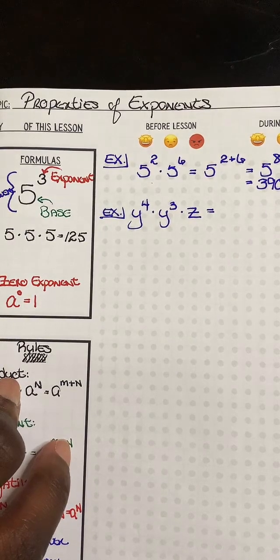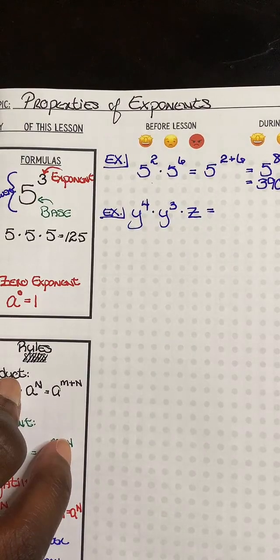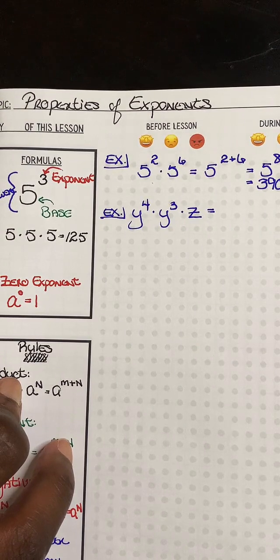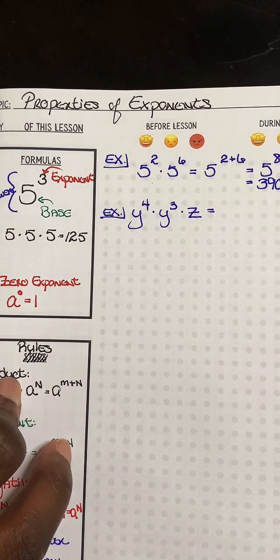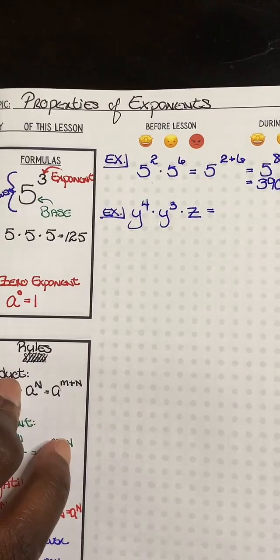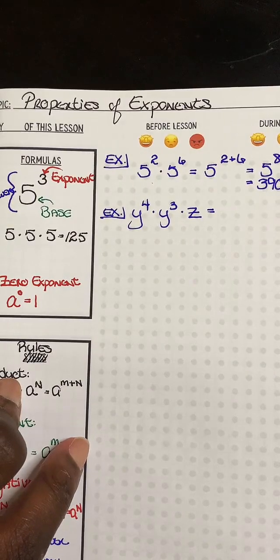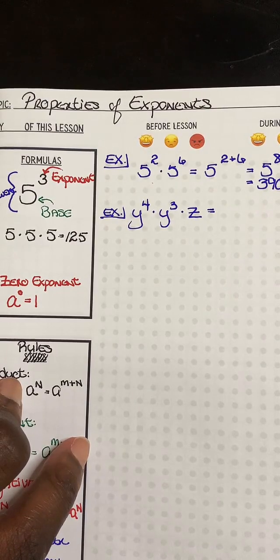Okay. All right, so let's see what we got here. Okay, so we have y to the 7th z. I know it's hard to type it in, but I get what you're doing. Jess has y to the 7th times z.